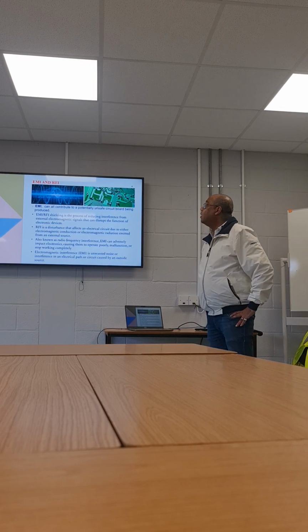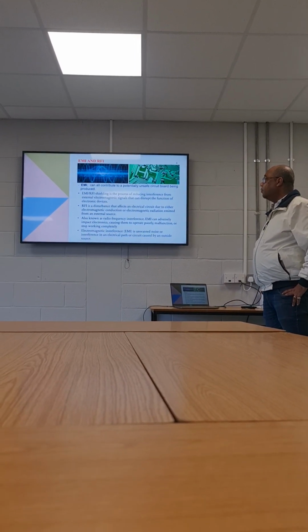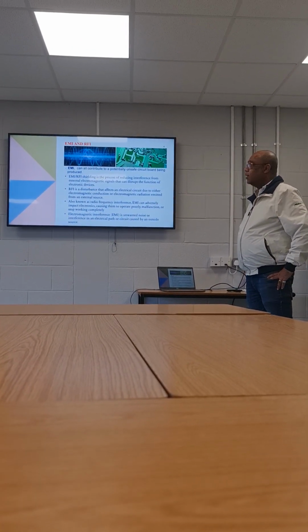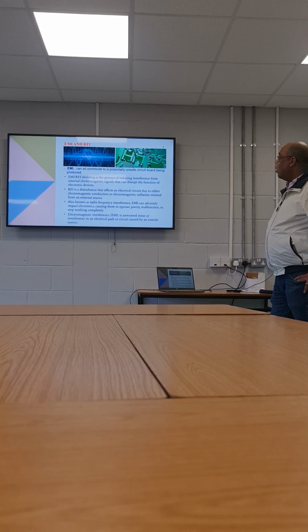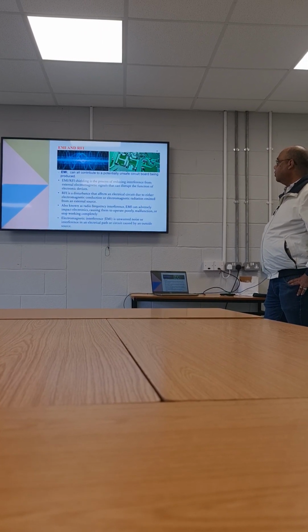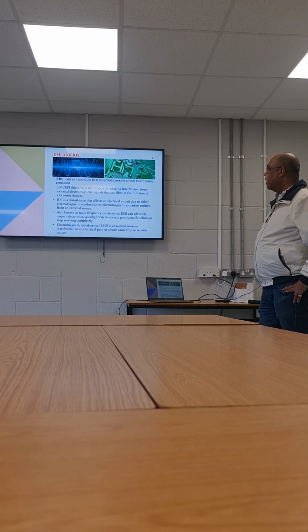There is another important part in computers nowadays. It's very difficult and problematic. That's EMI and RFI. EMI can contribute to a potentially unsafe circuit board being produced. What is EMI?